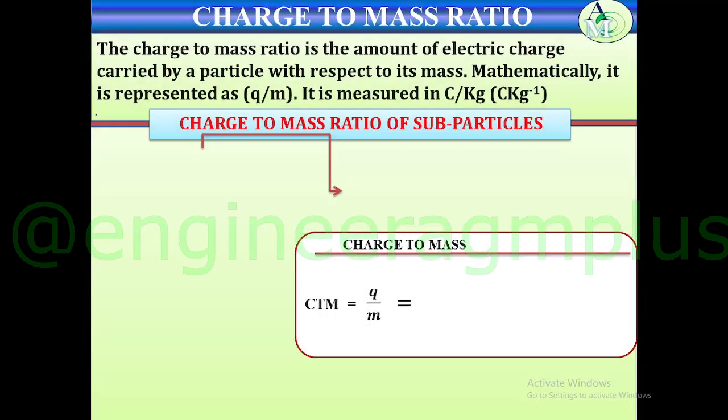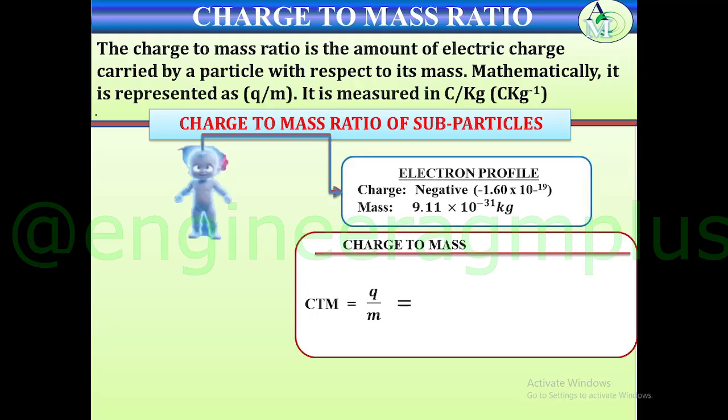As for the small but mighty electron, let's view its profile. And here it is. Electron has a charge of 1.60 times 10 raised to the power minus 19 and a mass of 9.11 times 10 raised to the power minus 31 kilogram. How do we calculate its charge to mass?